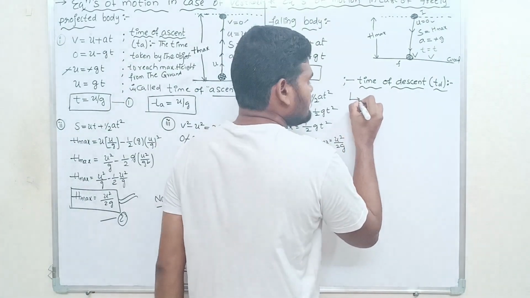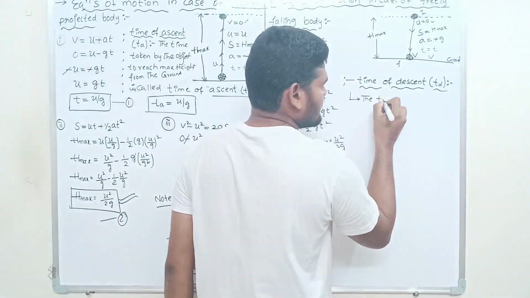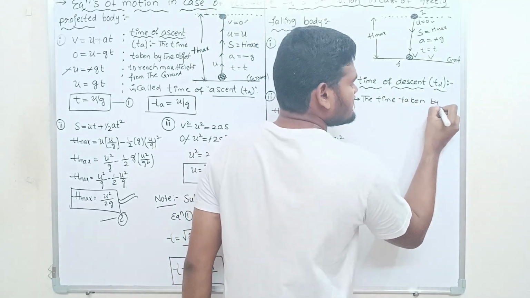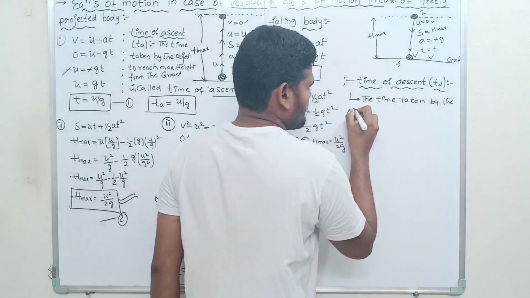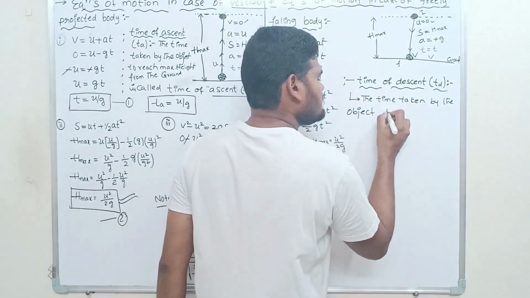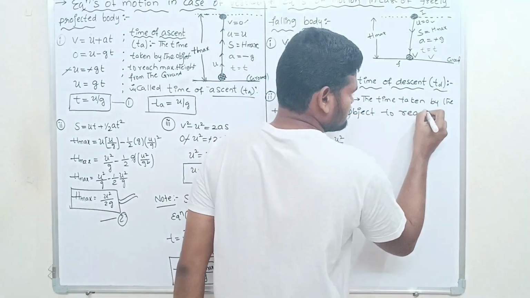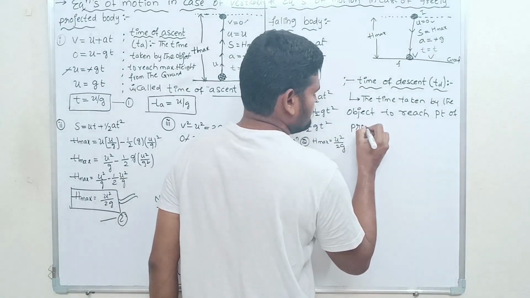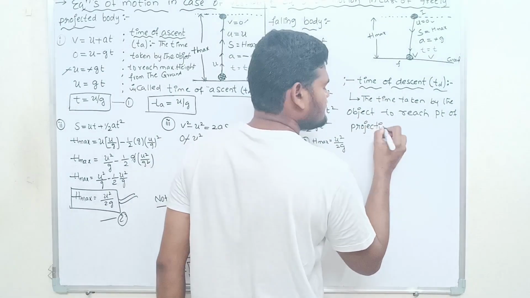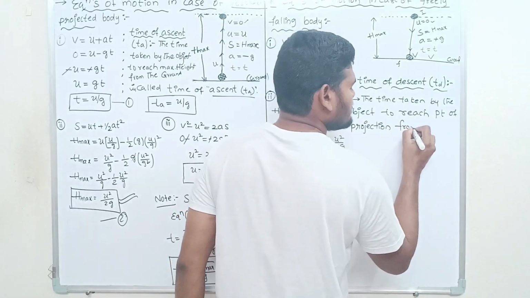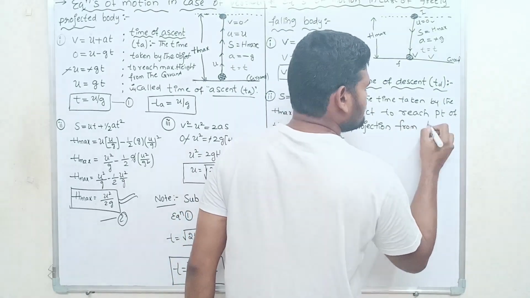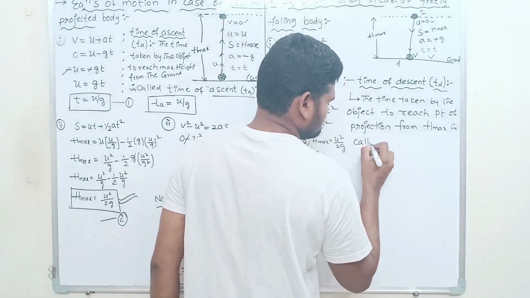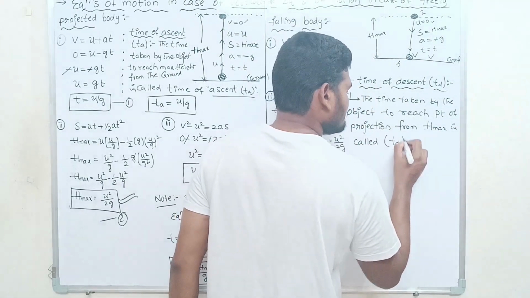The time taken by the object to reach the point of projection from maximum height, from h maximum, is called the time of descent.